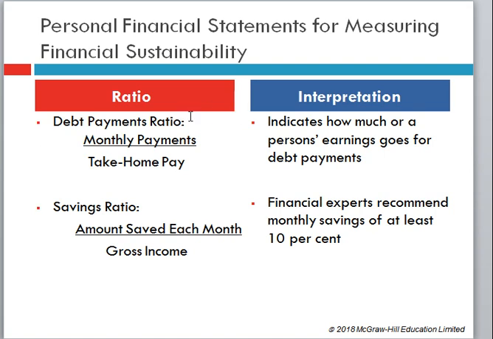So let's say you have $6,000 as monthly payments and your take home pay is 4,000. So it indicates that $2,000 is going towards debt payment. Savings ratio, amount saved each month divided by gross income. So ideally it is recommended to save at least 10% of your income.